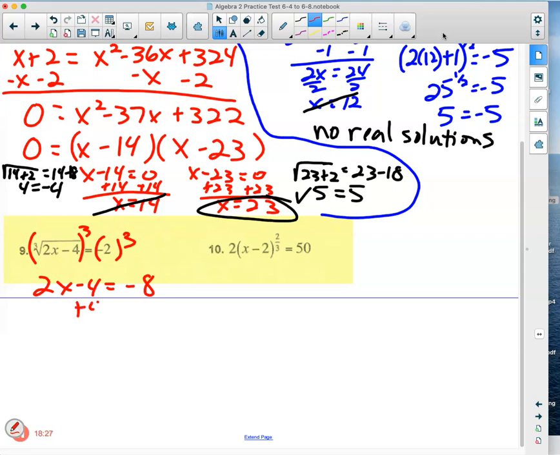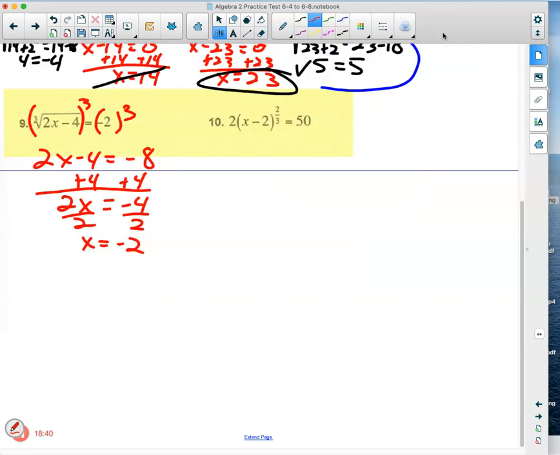Then we'd add 4 to both sides and divide by 2. And we have x equals negative 2, but we better check. Things have been going wrong here. So the cubed root of 2 times negative 2 minus 4, does that equal negative 2?